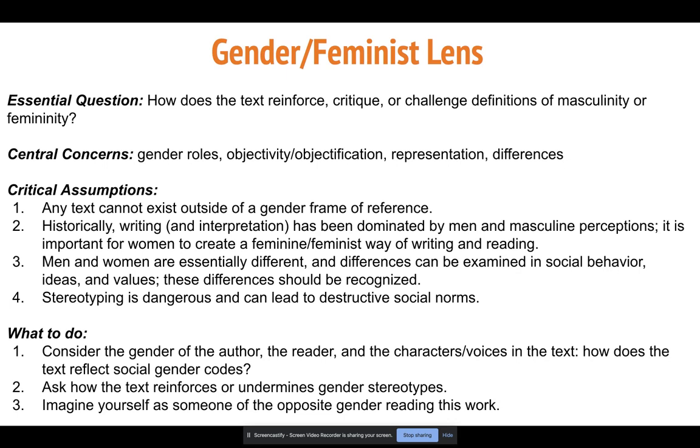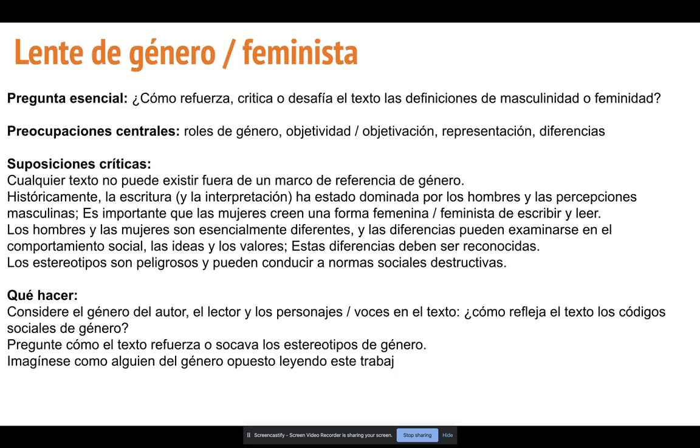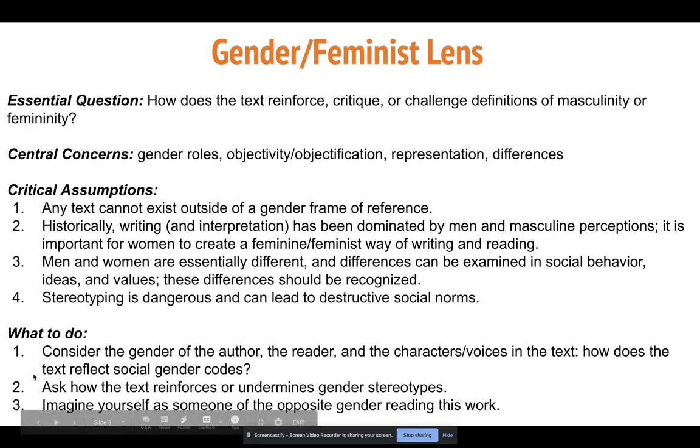We're staying away from unfair and harsh and inequitable assumptions, right? But we do know that there are differences, right? And number four, stereotyping is dangerous and can lead to destructive social norms, right? So we're not stereotyping. We're just identifying how a character may be objectified, represented, or might be different in your text.